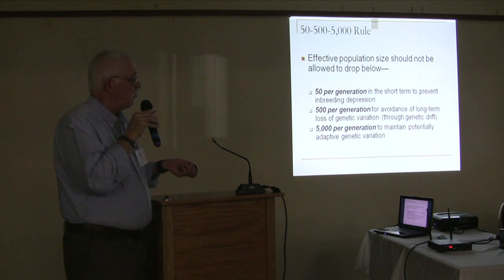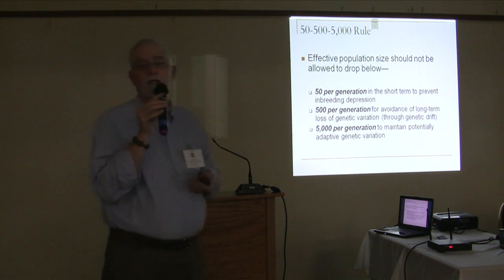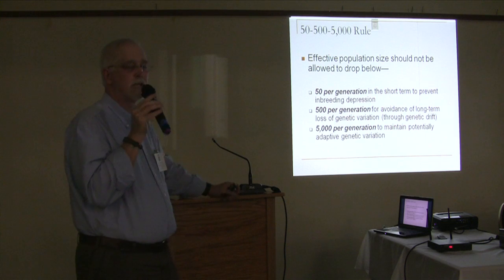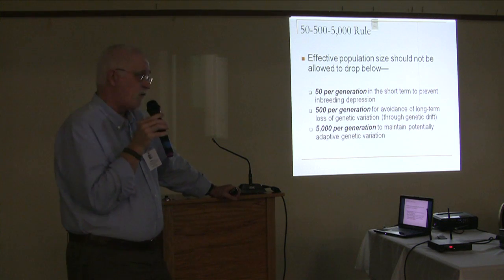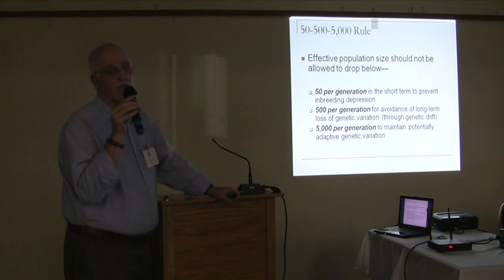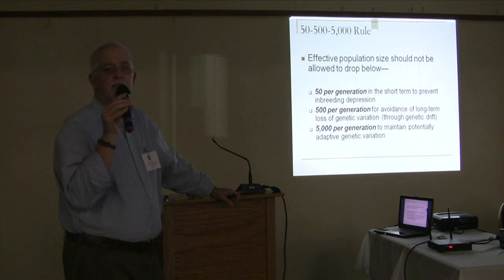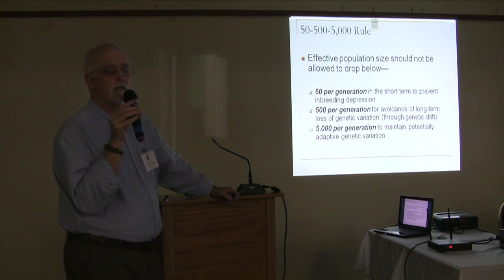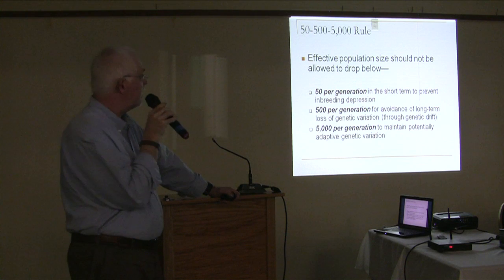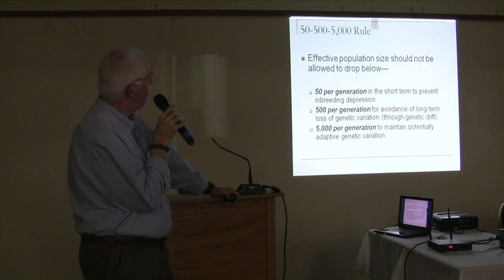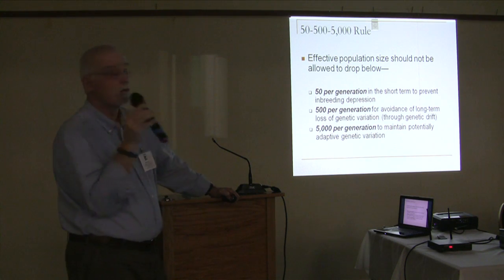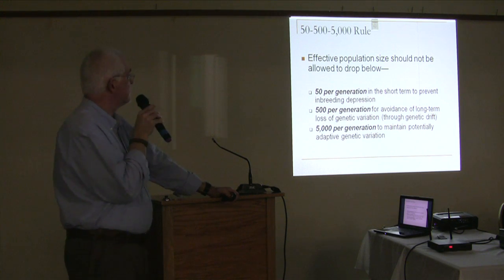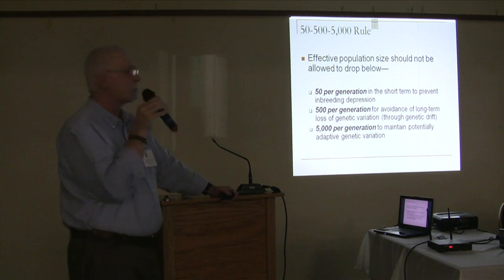Okay. So how many individuals do you need to retain diversity? Well, it's very difficult to tell for any given situation because it's very site-specific, very specific to the recovery scenario that you're looking at. But there is this thing called the 50, 500, 5,000 rule. It's also sometimes called the 5/500 rule or the 50/500 rule.